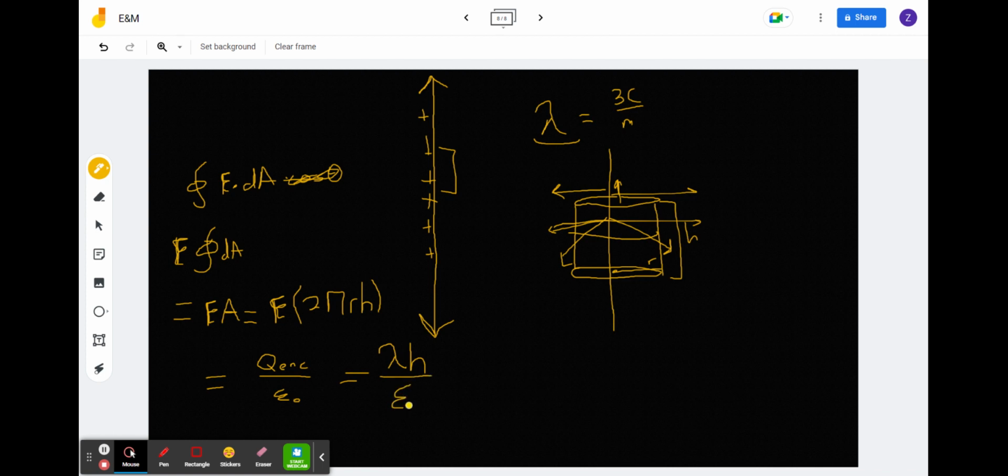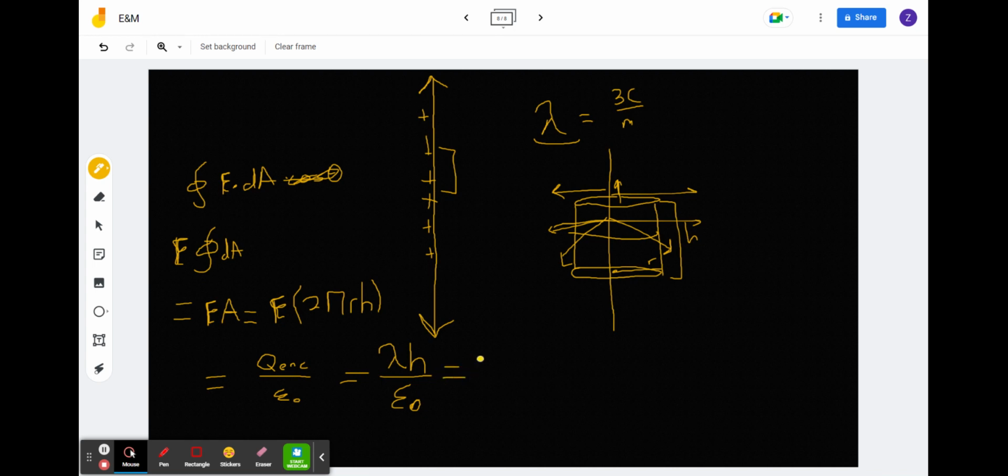Now take a minute to think about this for a second. Linear charge density is charge divided by a length, and we're multiplying by the length h, so we're just going to end up with a charge.